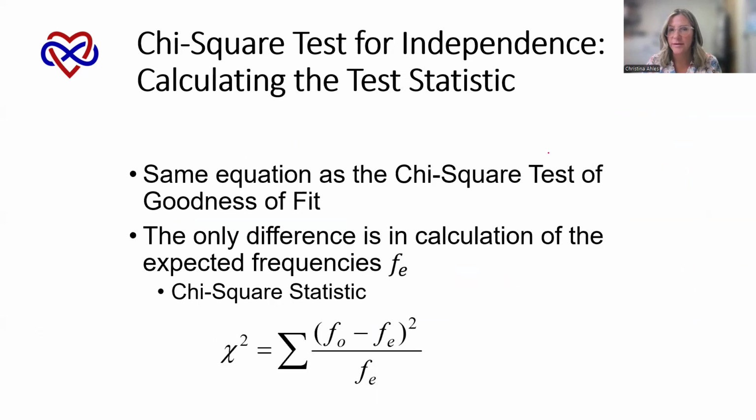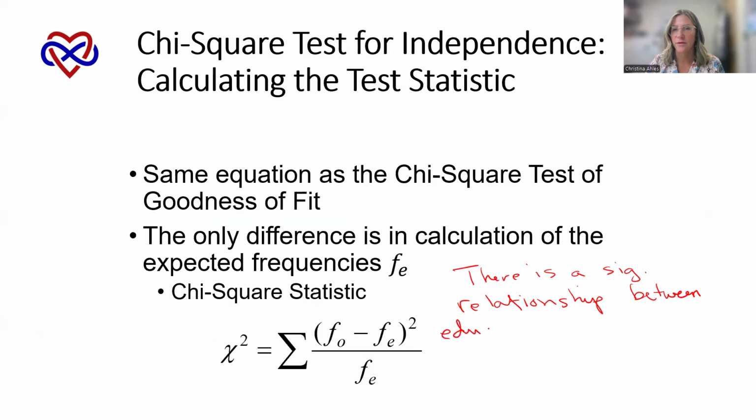So I'm going to write this here. There is a significant relationship between education and number of children as chi-square, and we're going to put parentheses.